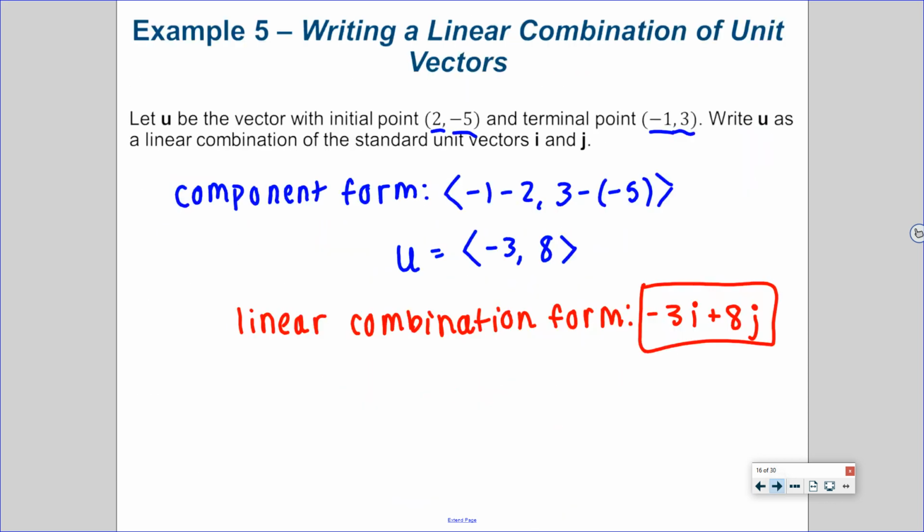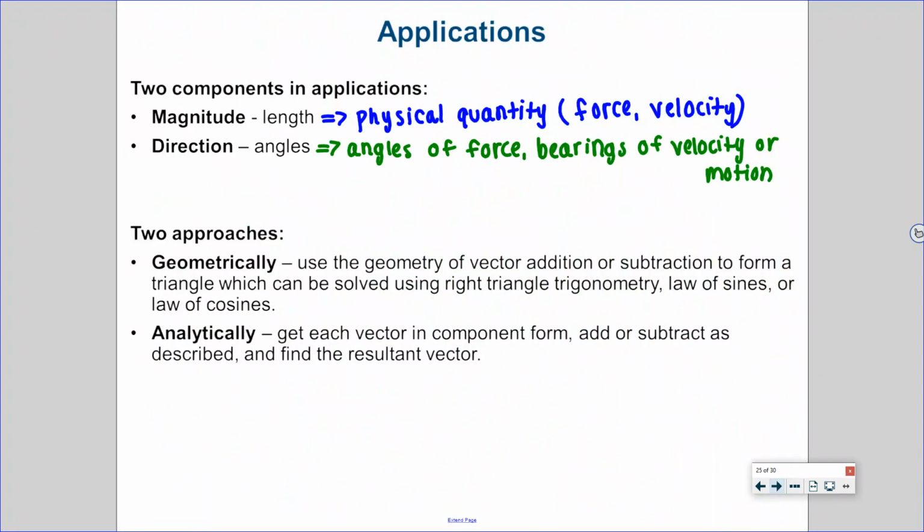But in order to do it geometrically, you have to sketch your vectors pretty accurately. So I'm just going to put that here. I always sketch it out anyway, but I prefer to do it what we call analytically, or algebraically.